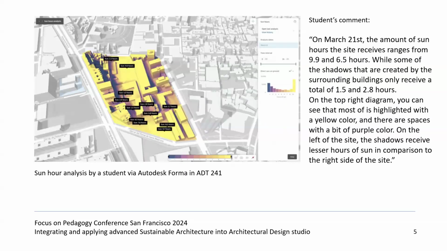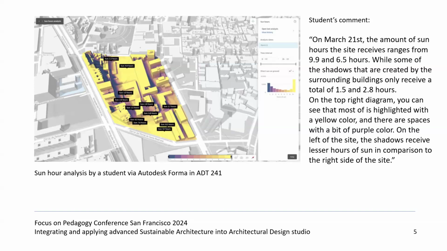This slide is all about the sun hours. Students understand which part of the site will receive enough solar radiation. For instance, if their location has a harsh winter, they conduct the analysis in winter to understand for how many hours they can get direct radiation.